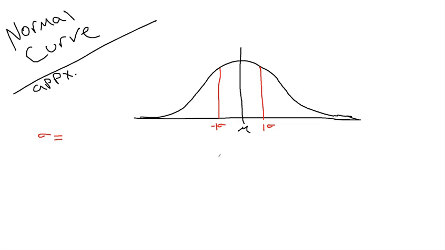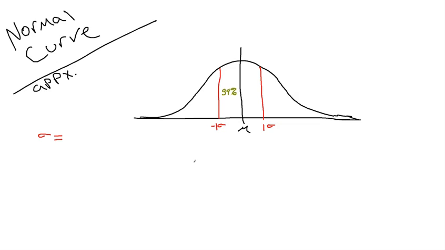Now when you're doing this, it's easiest to break it up just like we did the circle. This area is roughly 34%. So when you plot, say, scores on a test, this area right here is 34%.